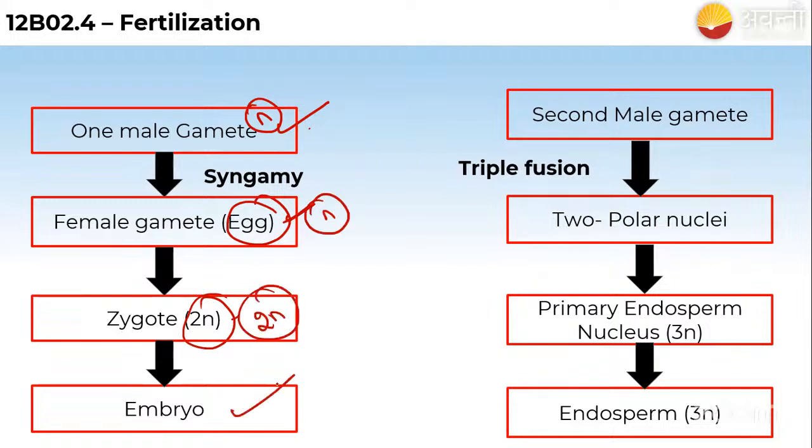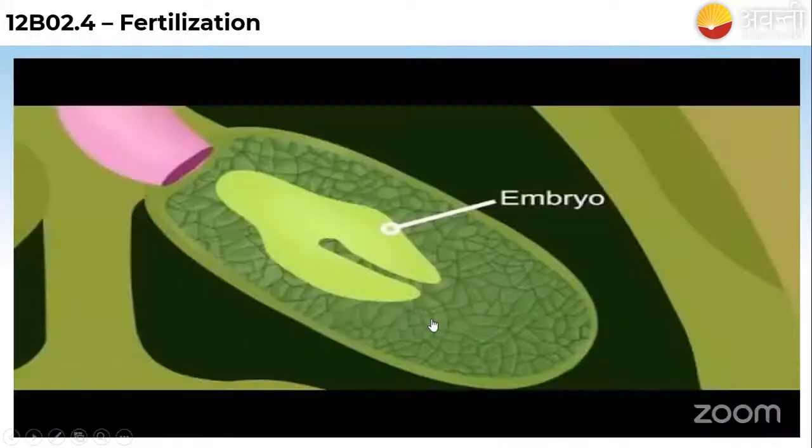This is the embryo. Then the second male gamete, also haploid, fuses with the diploid central cell, forming 3N, which becomes the endosperm. You can see here, guys, the center is the embryo, and the surrounding endosperm gives the nutrition.